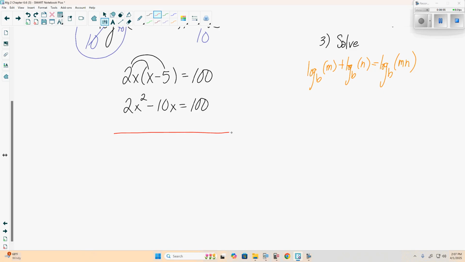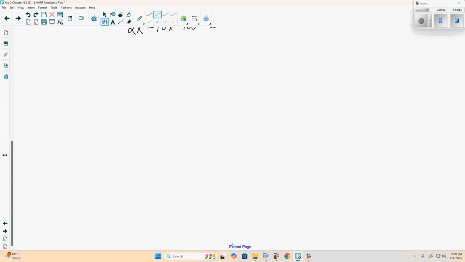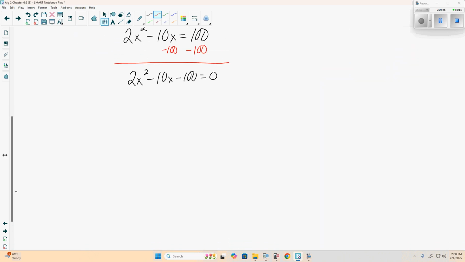Now, since we have an x squared term, we have an x to a power greater than 1, means we have to get this equation equal to 0. Questions on how we got this equation equal to 0?